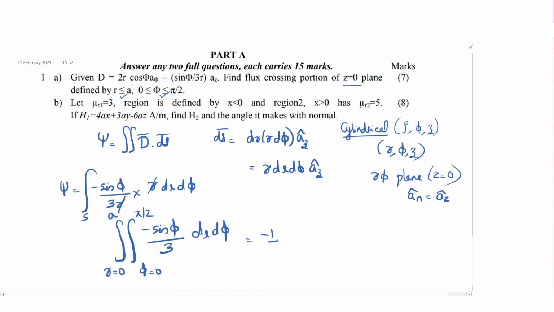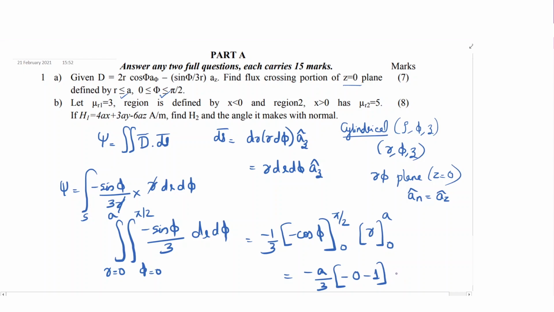So minus 1 by 3 constant is taken outside. Integral of sine phi, that will be minus cos phi, within the limits 0 to pi by 2, and dr on integrating you get r from 0 to a. So this will be minus a by 3 into minus 0 minus 1.